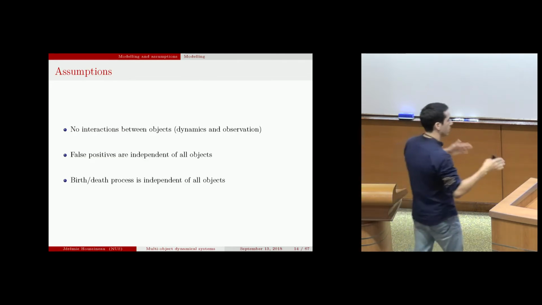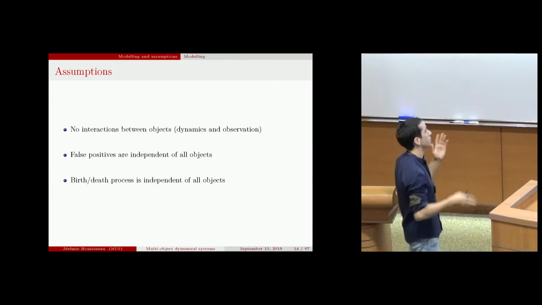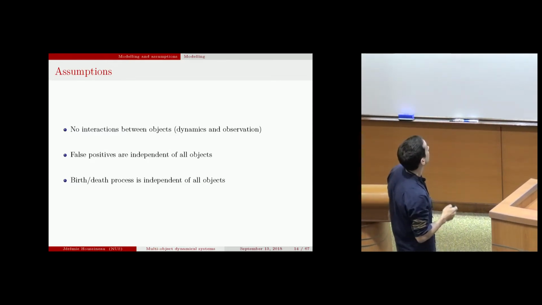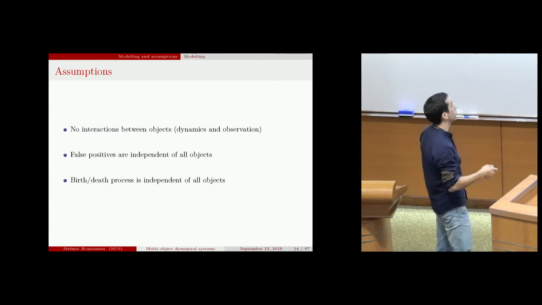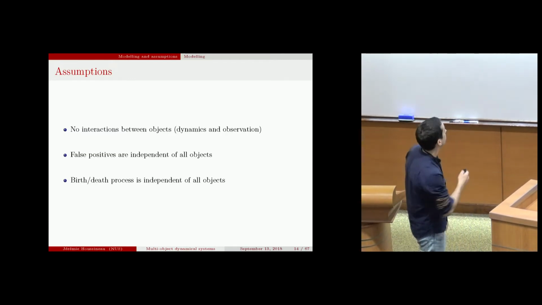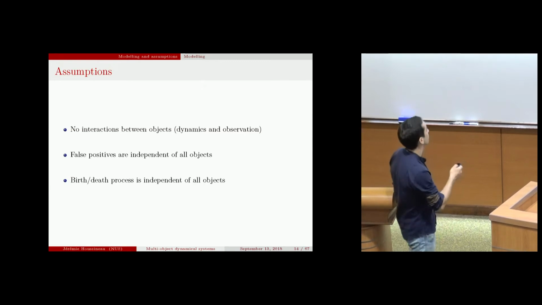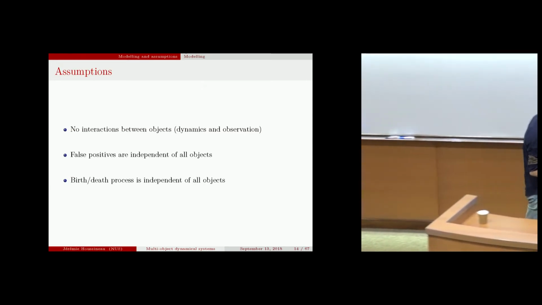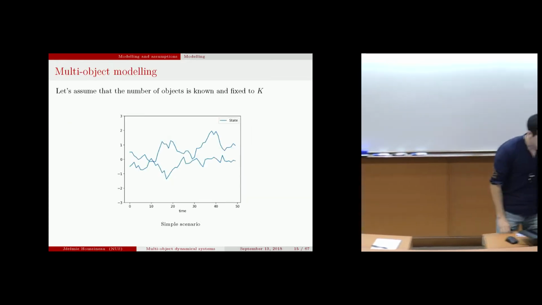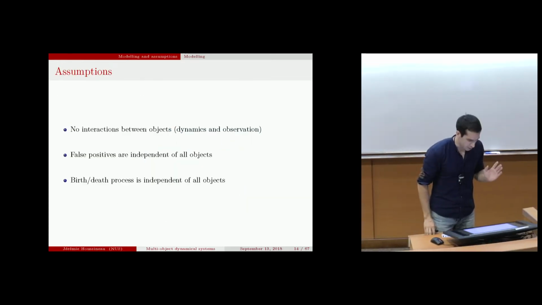The dynamics are completely independent. The observation of each object is independent. The false positives are independent of all objects. Basically, everything is independent of everything. Birth and death also don't depend on anything else. And that's already tricky, right?